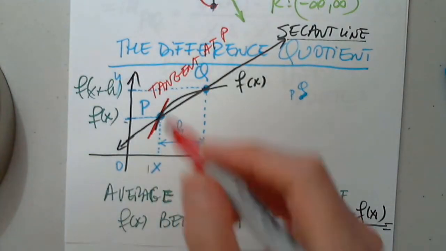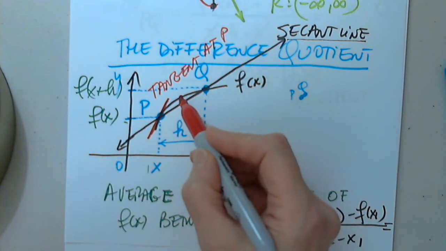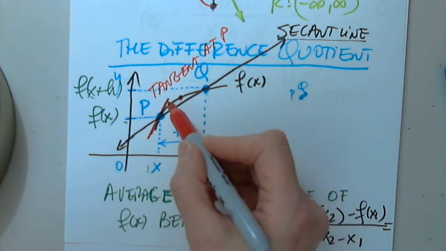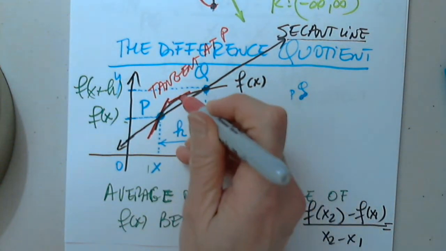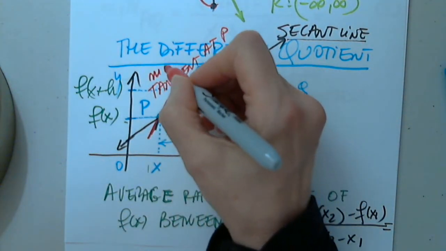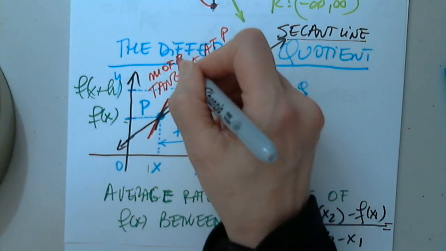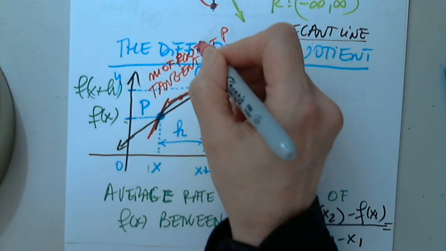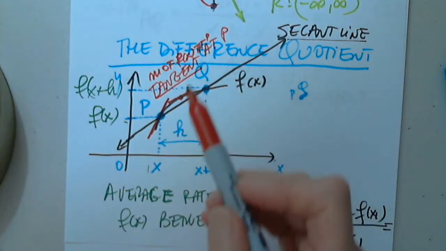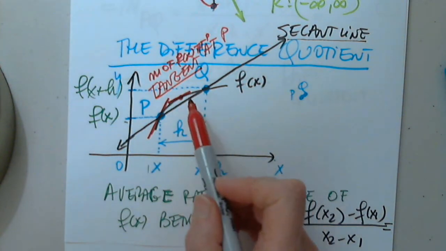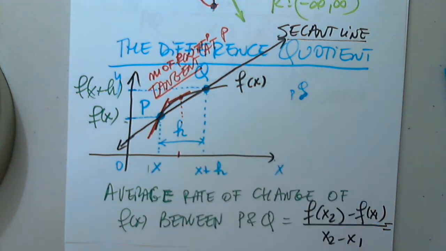Maybe not at the starting point, maybe 2 hours into my drive. Okay, what will be the instantaneous rate of change? It will be this: the slope of f of x at P, of the tangent at P. The slope here will tell you the instantaneous rate of change x hours into my trip.